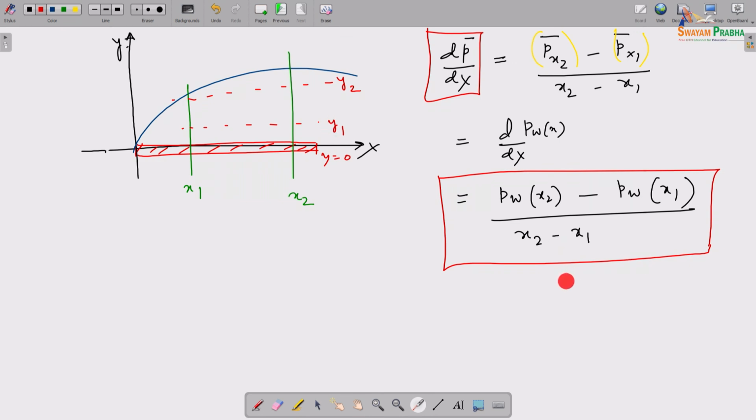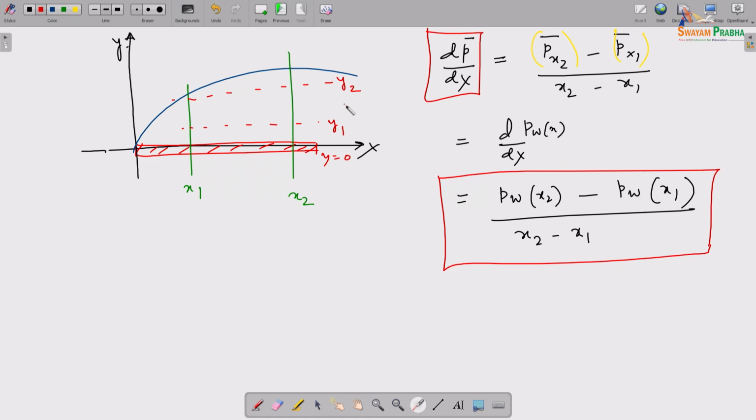It's the same, because this pressure gradient in the x direction is actually equal to the difference in the wall pressures, a gradient in the wall pressures in the x direction, so therefore it is uniform. Everywhere you go, y1, y2, or any other y location, this dp/dx is not going to change.